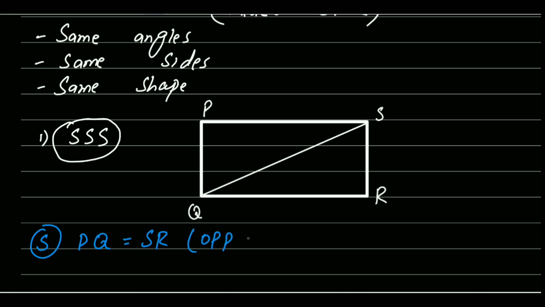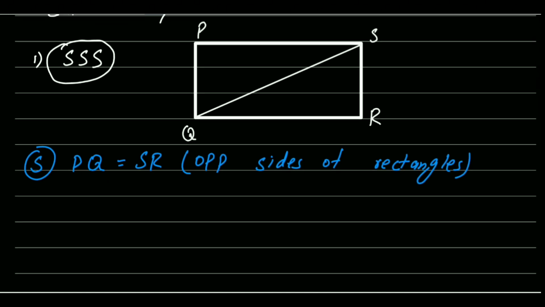The reason is that these two sides are opposite sides of a rectangle, because opposite sides of rectangles are always equal.